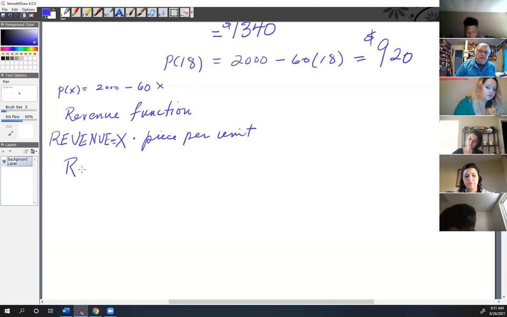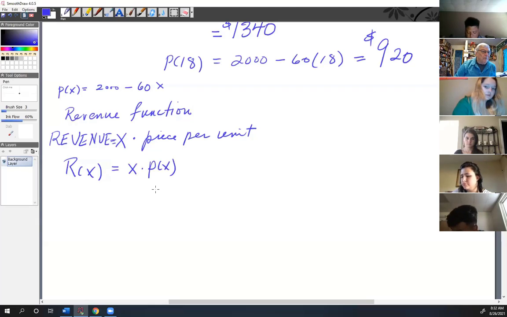Well, are we in a position now to forecast the revenue? Let's make it a function R of X for this company. Well, if they manufacture X thousand units, what can they expect the price to be? Oh, that's why we have a price demand function. They can expect the price to be P of X, right?